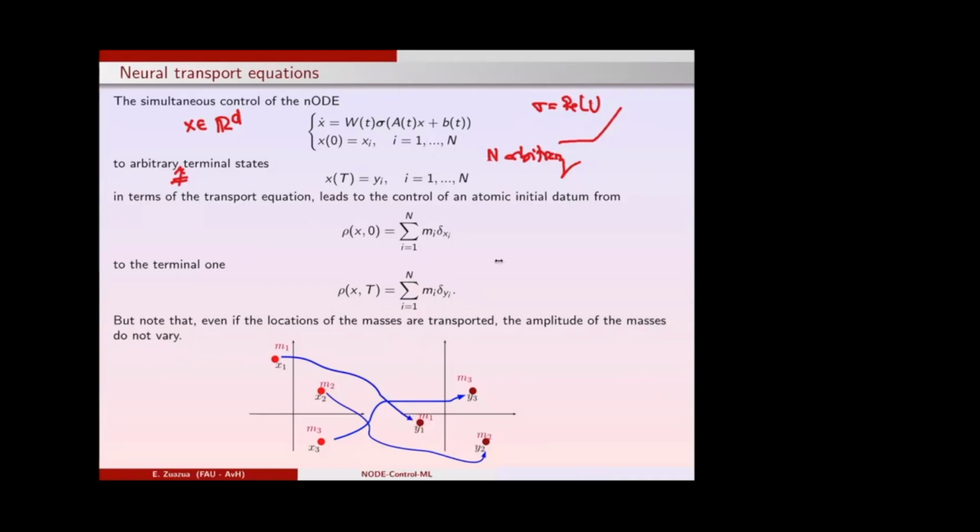Why I cannot take, with this neural ODE system, despite this simultaneous control property, two different initial configurations and drive them to the same final one? Do you have a hint of why this cannot happen? Any comment on this?